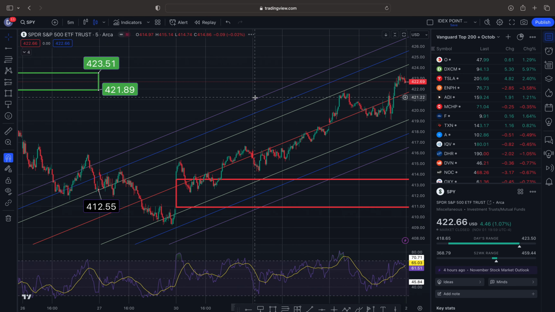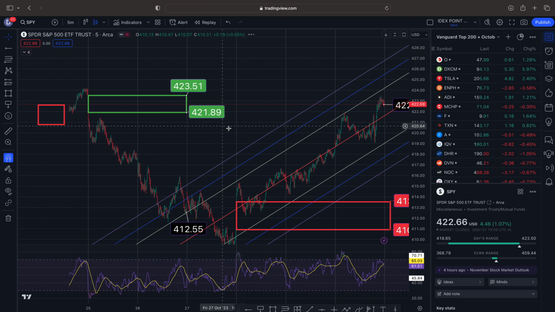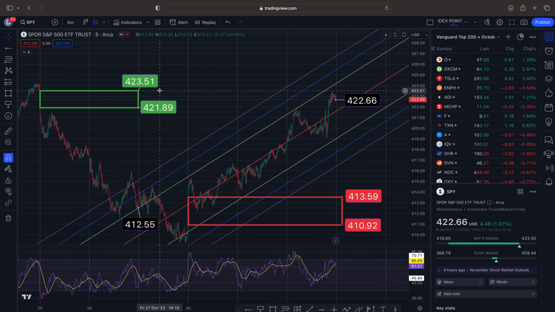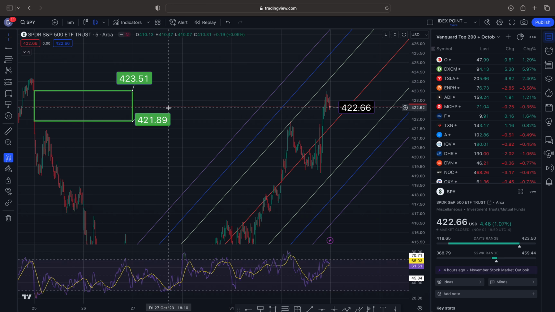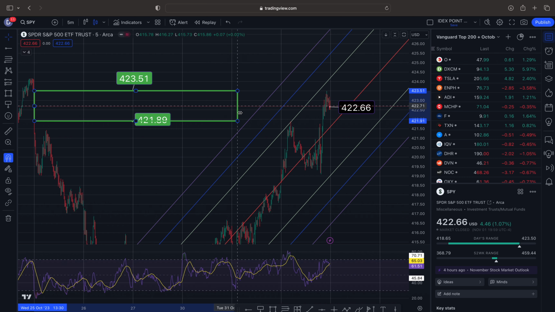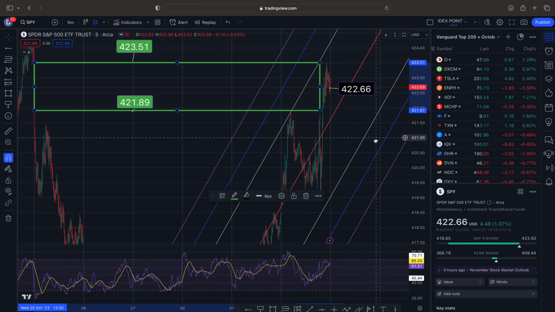Now, there was also a gap that I have been tracking since the 25th. And check this out. It opened up at 421.89, closes out at 423.51 roughly. I'm going to extend this out and look at that.